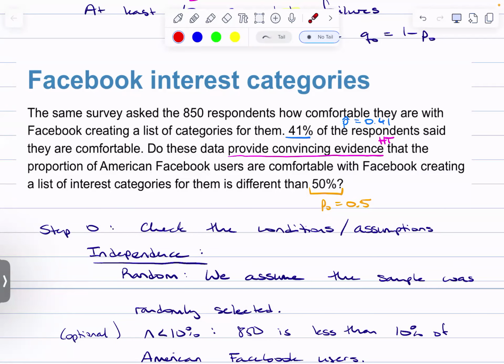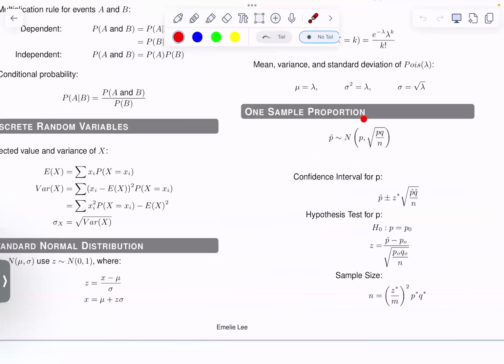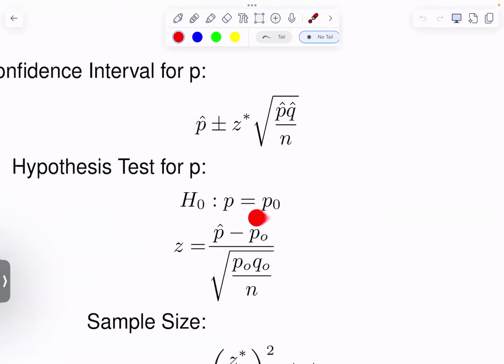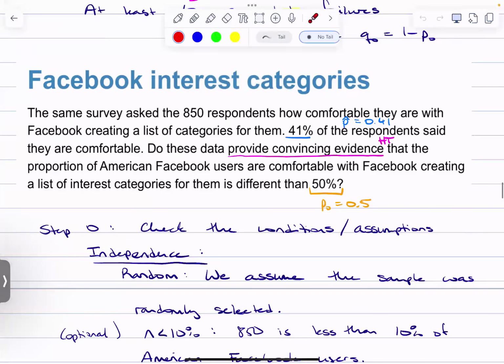If you look at your formula sheet, under one sample proportion type questions, I've given you the bare bones of the null hypothesis. It tells us our hypothesis test has to be about p. We've learned that already. It has to be about the population, and how p relates to some p naught. p has to stay p.